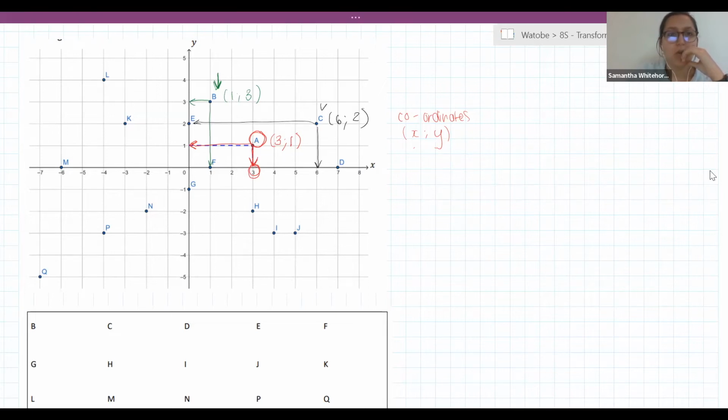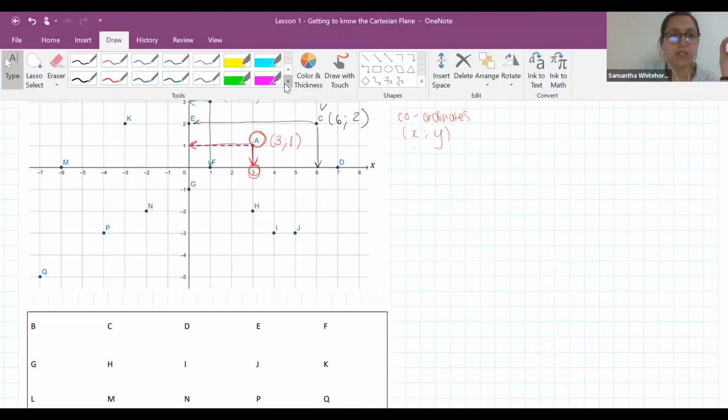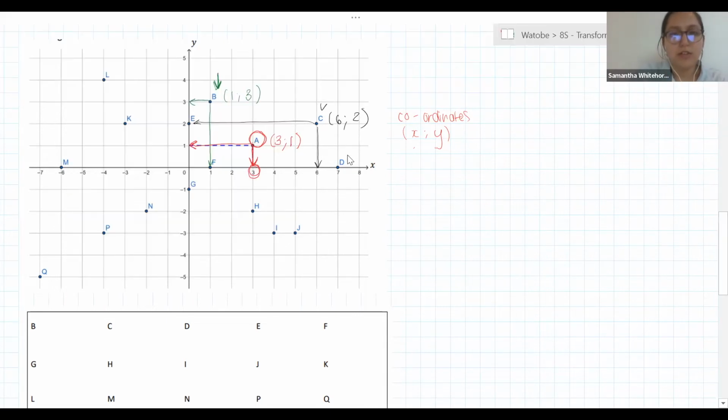Right, guys, what about, and we're not gonna skip anything just yet, what about the coordinates of D? Who wants to try D for me? Oh, lots of hands. Okay, Latabo, tell me, what is D? Ma'am, I think D is 7, 1.